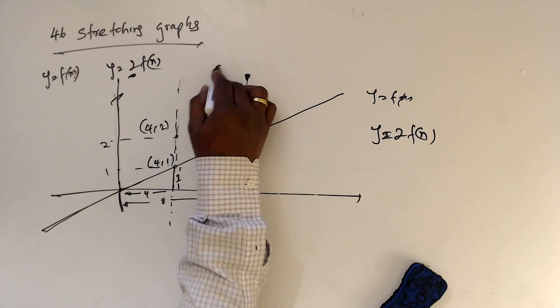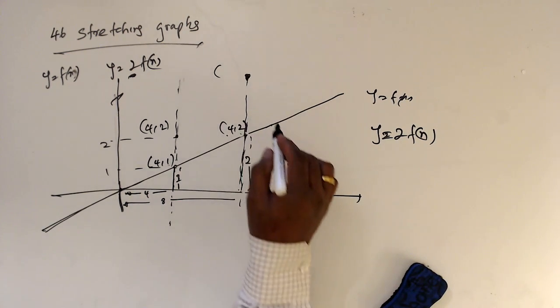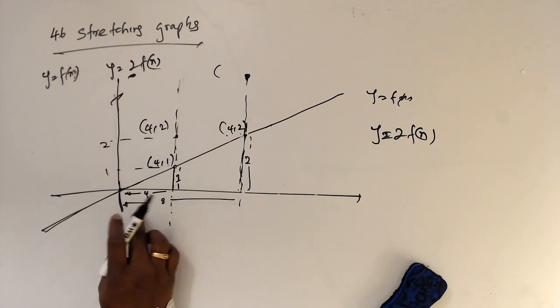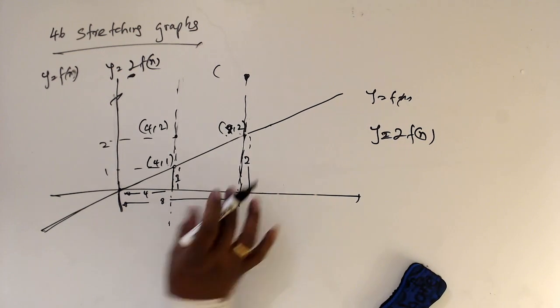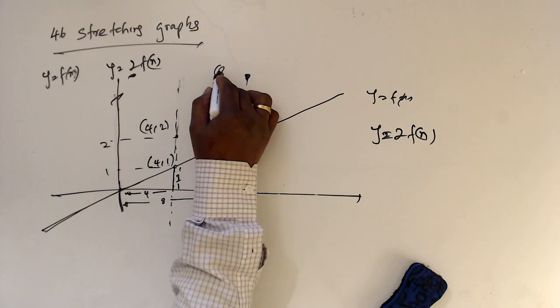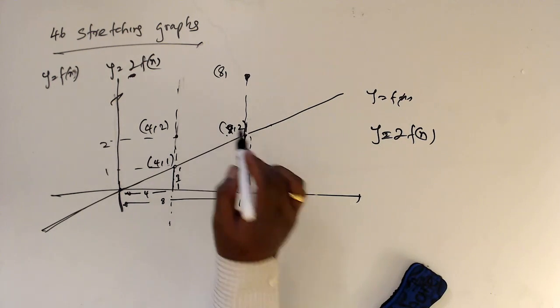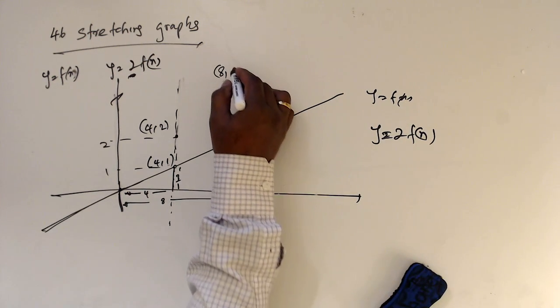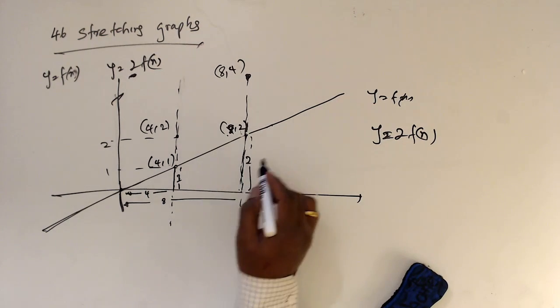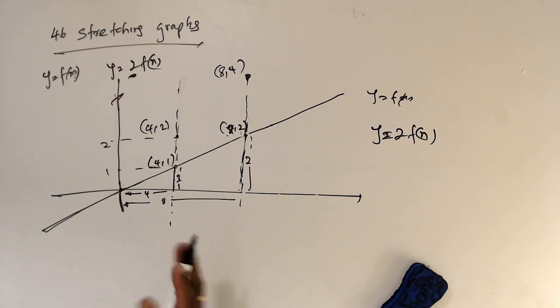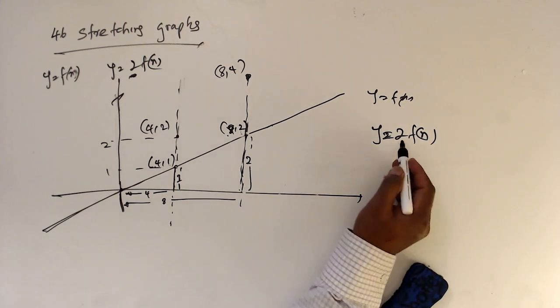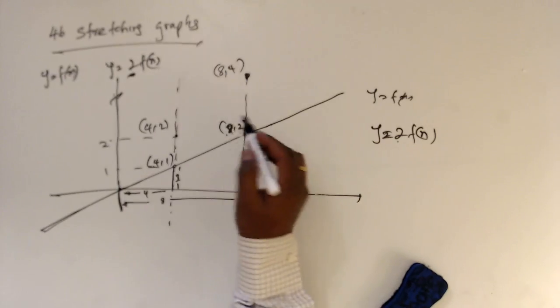So this point is going to be 8, 4. The x value is 8 and the y value is going to be 4. I didn't touch x, I just doubled y because the command given is 2.